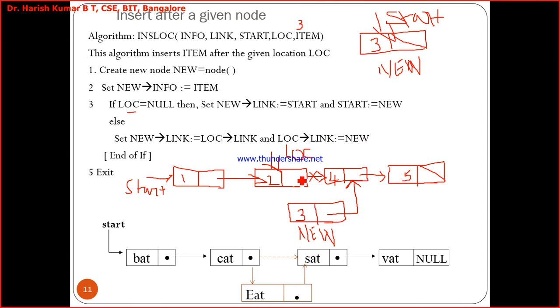The address of this node gets stored over here. Hope you understood. Yes, sir. So this is how you do it when you want to insert a node after a given node. Okay, next.